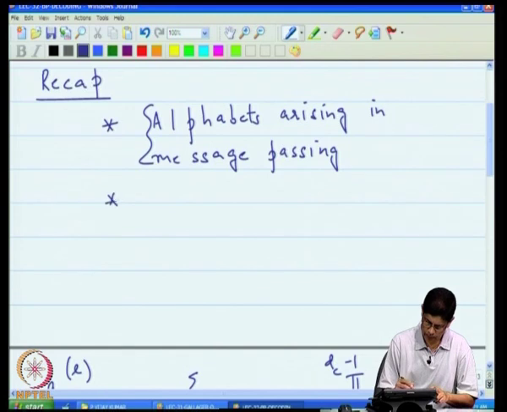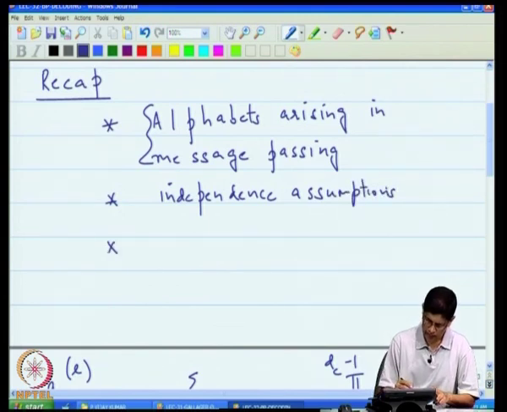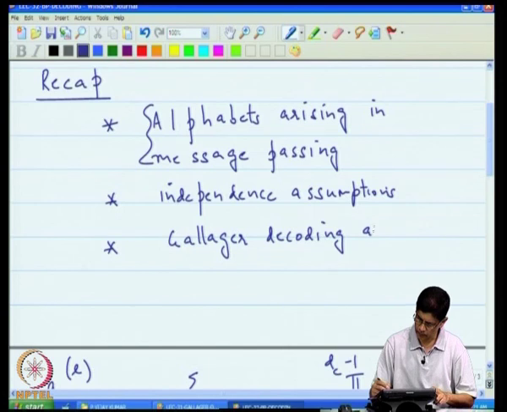We also talked about independence assumptions. And then we began discussing Gallager decoding algorithm A.